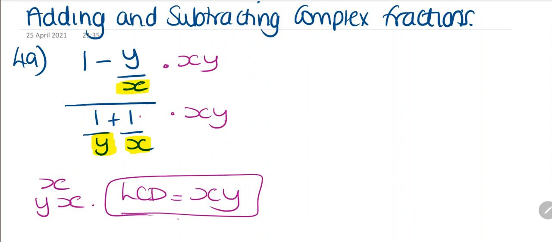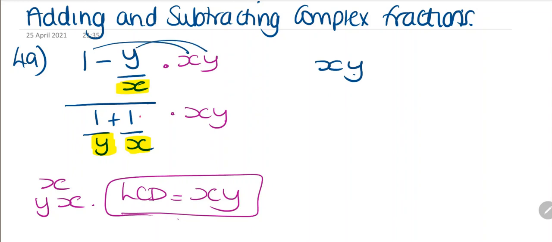by xy. So if we do that, it's going to be 1 multiplied by xy, and it's going to be y multiplied by xy.